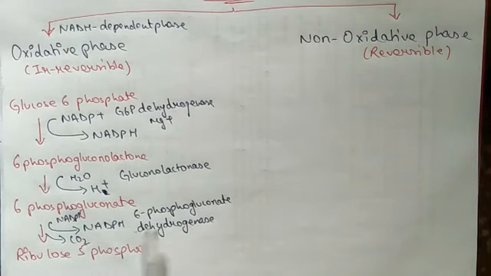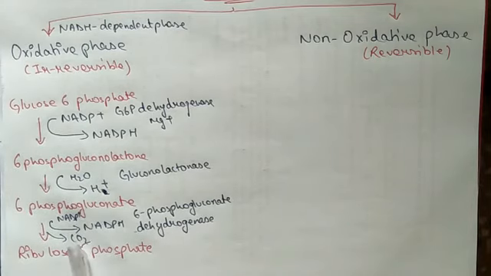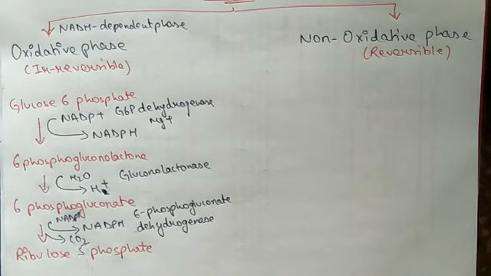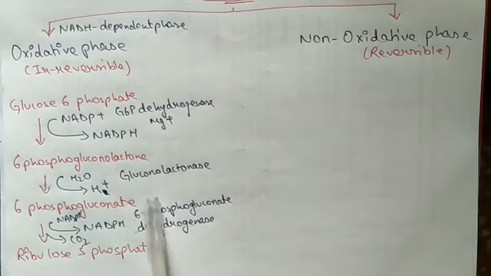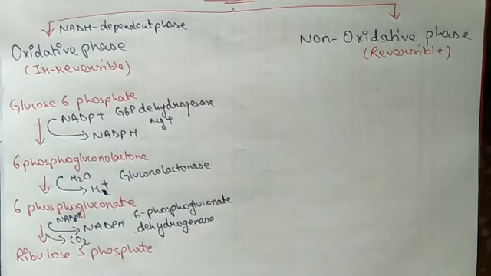But in glycolysis, when NAD plus gets converted into NADH, it doesn't produce CO2. Similarly, ATP is generated, which is the major product of glycolysis, and therefore this is known as an alternative pathway of glycolysis.